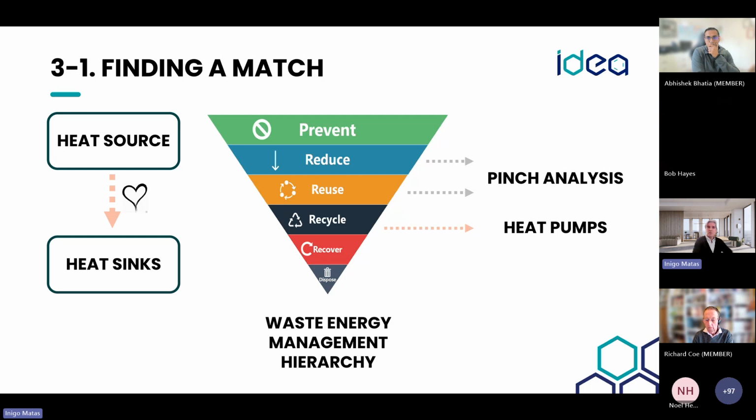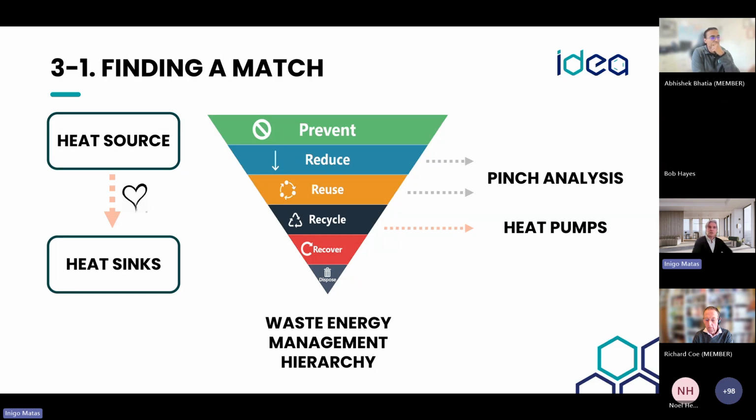Then we move into reduce or reuse, which are similar, basically reusing the energy within the own system. A very good tool for doing that part will be the pinch analysis. Once we have exhausted and reviewed all those parts is when we will move to heat pumps and recycle energy.